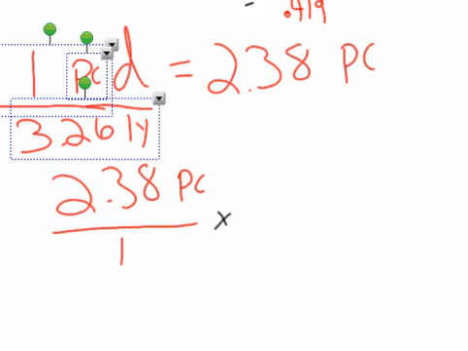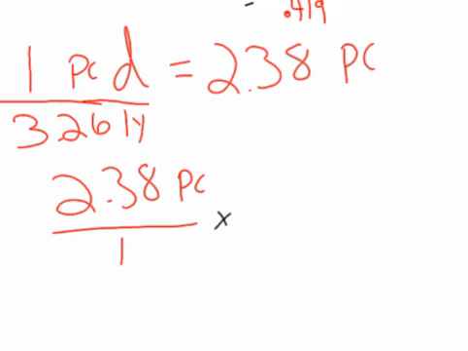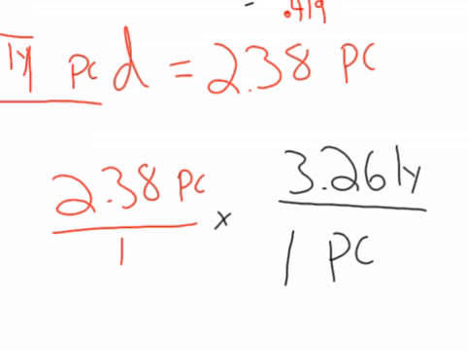I'm just going to flip it, so I'm going to say 3.26 light years over 1 parsec. Now you can notice my units nicely canceled. The parsecs canceled the parsecs, and I'm left with light years.